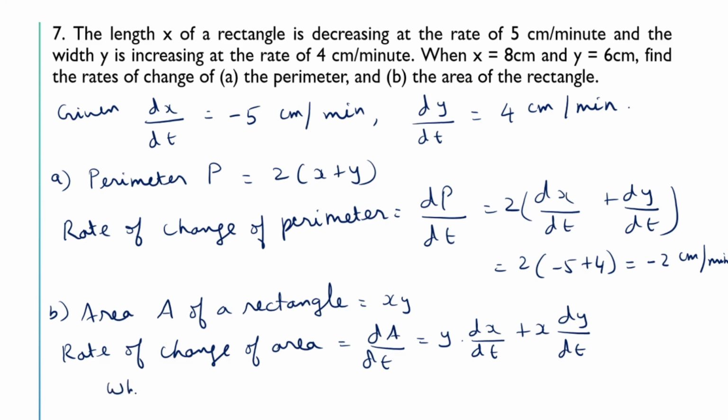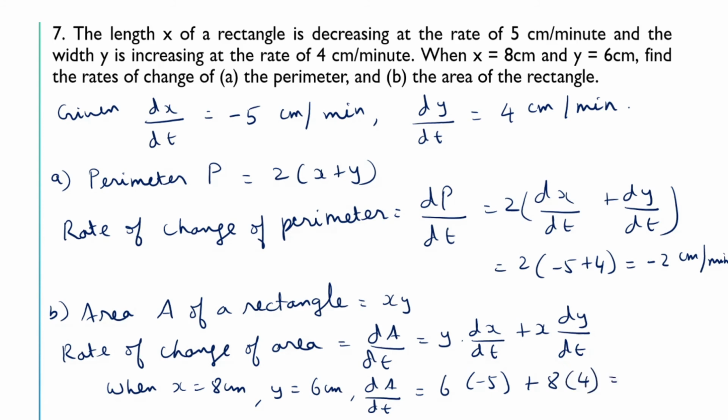So when x is equal to 8 centimeter and y is equal to 6 centimeter, dA by dt is equal to, y is 6, dx by dt is minus 5 plus x is 8 and dy by dt is 4.